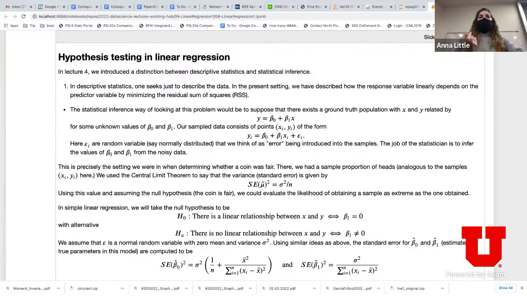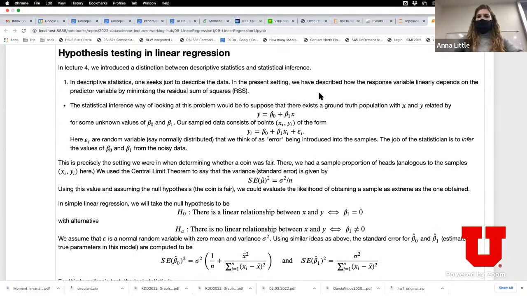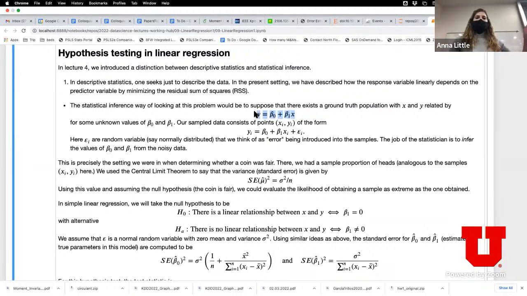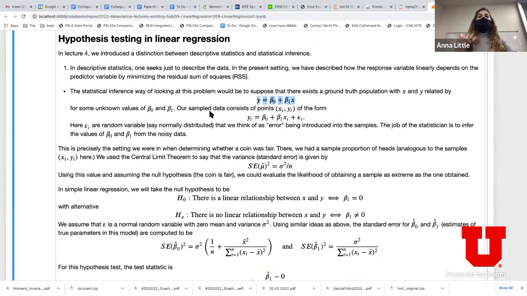But the way of looking at this question from a statistical inference point of view would be to assume that we have a ground truth population, and in that population, X and Y are related with a linear relationship. We really have some perfect linear relationship in our population, but we don't observe that directly. We observe a noisy sample from this population.